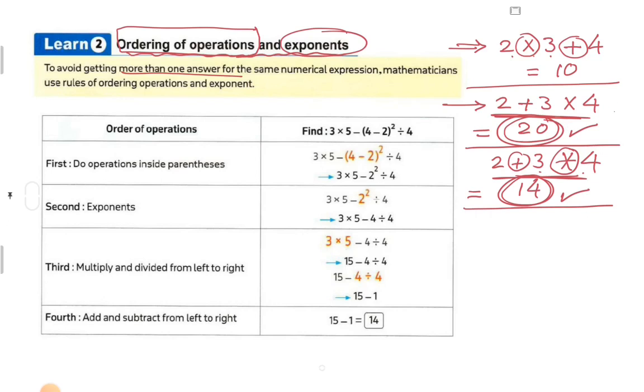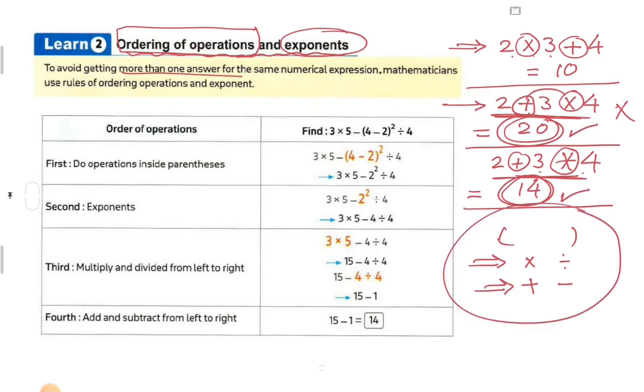So it's false, because he started with plus before times. Our rule is to start with parentheses, then times or divide from left to right, then plus or minus from left to right. This order of operations we know about.